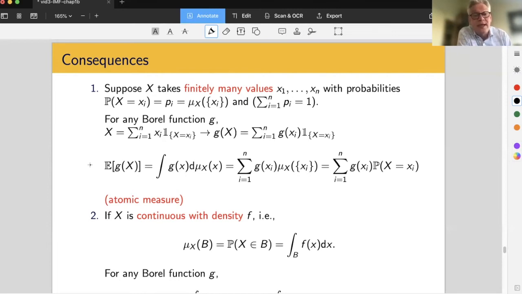So μ_X(B) is the probability that X is in B, and that is the integral over B of f(x) dx. This should be a Lebesgue integral, but usually f is Riemann integrable, and therefore Lebesgue integrable, and we can replace the Lebesgue integral by the Riemann integral.